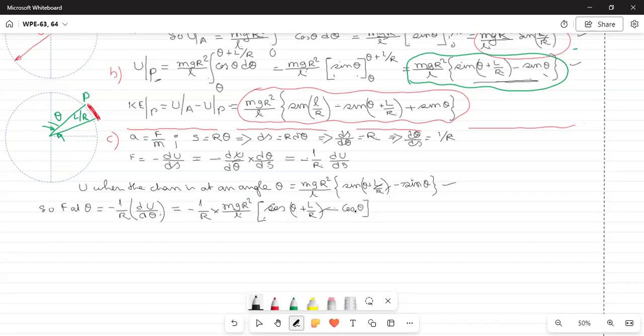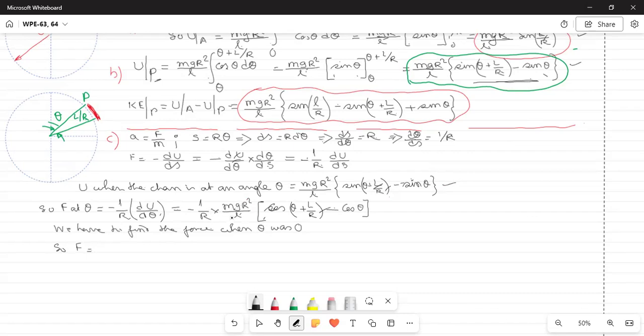Now we have to find the force when theta was 0. So here we put the value of theta equal to 0. Therefore, force is equal to, this becomes r, and this r square gets cancelled.